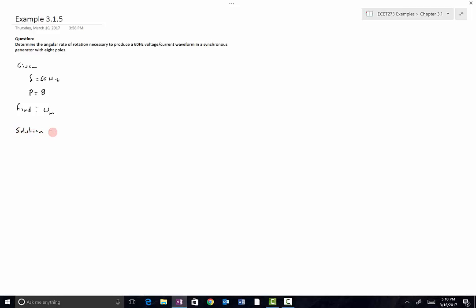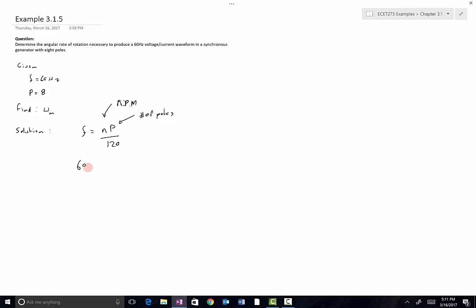There is a fixed relationship in a synchronous generator between electrical frequency, the mechanical rate of rotation in RPMs, and the number of poles in a generator, and we just take the RPM, we multiply it by the number of poles, we divide by 120, that gives us electrical frequency.